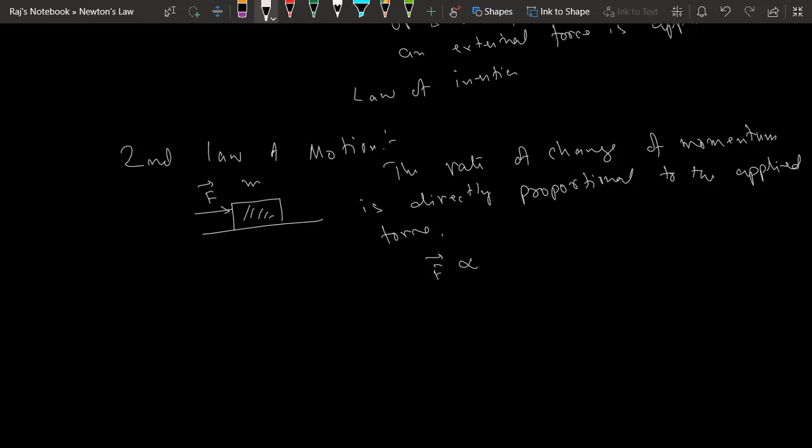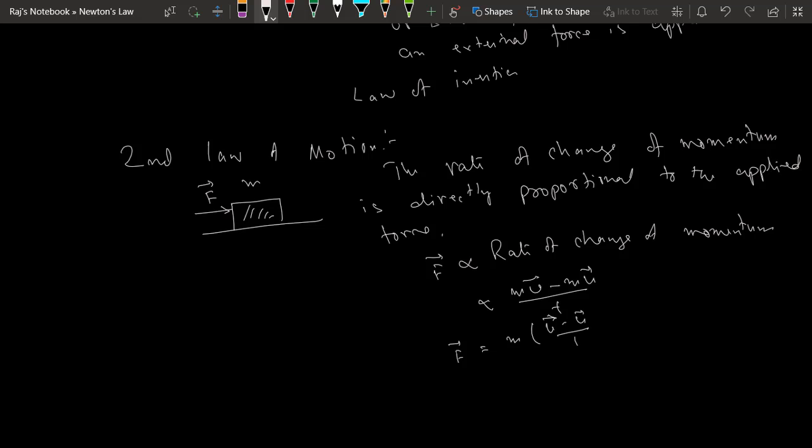So the rate of change of momentum: momentum is mv minus mu, so this is the change in momentum in time t. So F equal to m(v minus u) divided by t. This is mass into acceleration. So the rate of change of momentum is equal to the applied force.